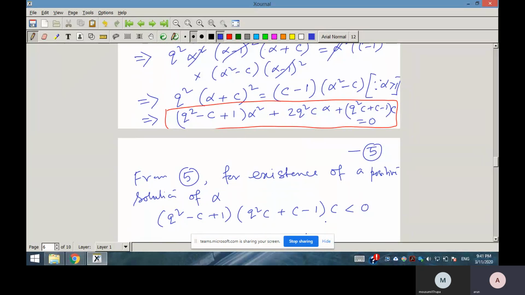That means, for ax square plus bx plus c, if b is positive, then the condition for a positive solution to exist is root of b square minus 4ac should be greater than b.